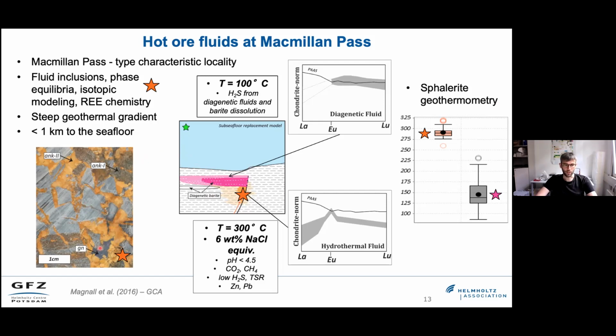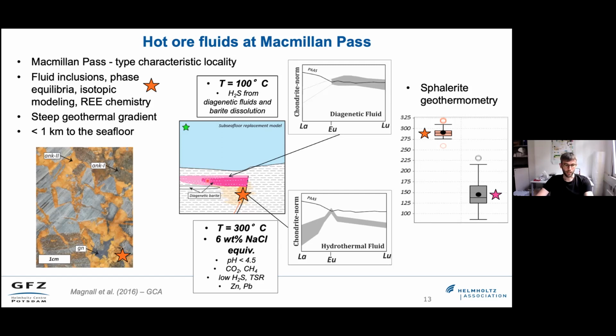We did fluid inclusion analyses, a whole load of laser ablation work, isotopic modeling, and recently I've done some work on sphalerite geothermometry. The overall picture is one of a hot fluid entering the vent complex that then cools as we move away from this flow conduit. So we think this is the environment in which the mineral deposit is forming.